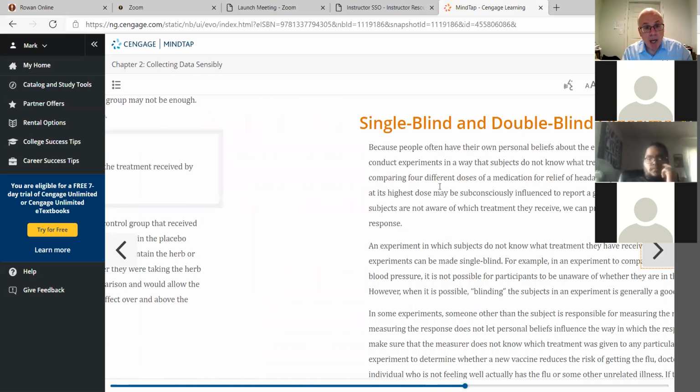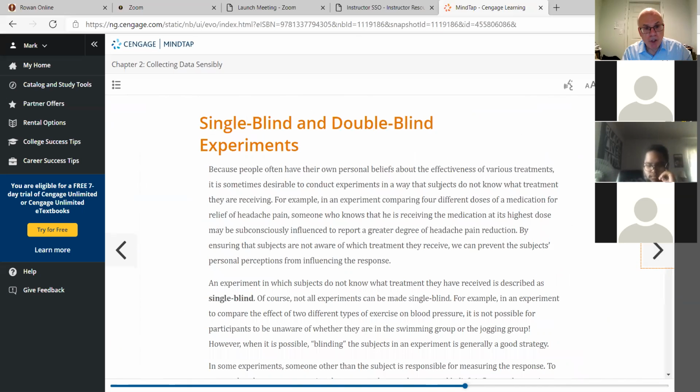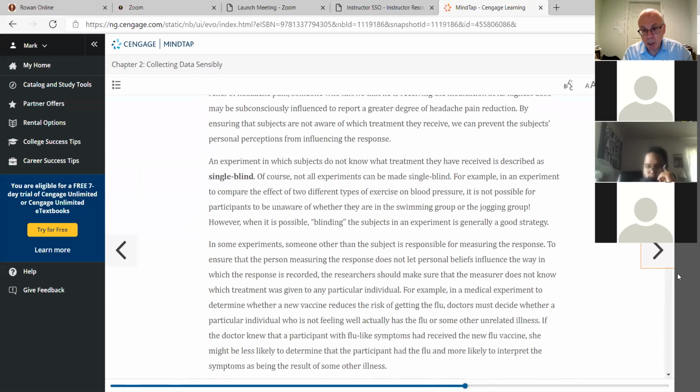And then the idea of blinding, right? Single blind means that either the participants or the people administering the experiment do not know who's getting what treatment, one or the other. Double blind means both the participants and the people administering the treatments don't know who's getting what.